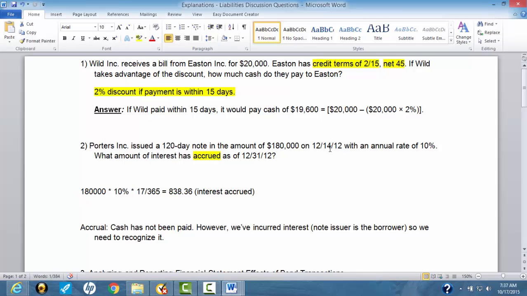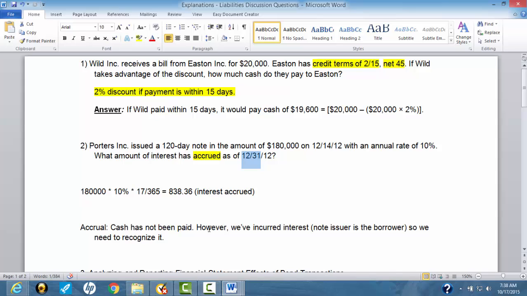So the borrowing occurred on December 14th, and at the end of the year, the company is closing its books. Financial statements must reliably reflect all expenses incurred. So we need to recognize the interest expense incurred between December 14 and December 31, and it's 17 days.